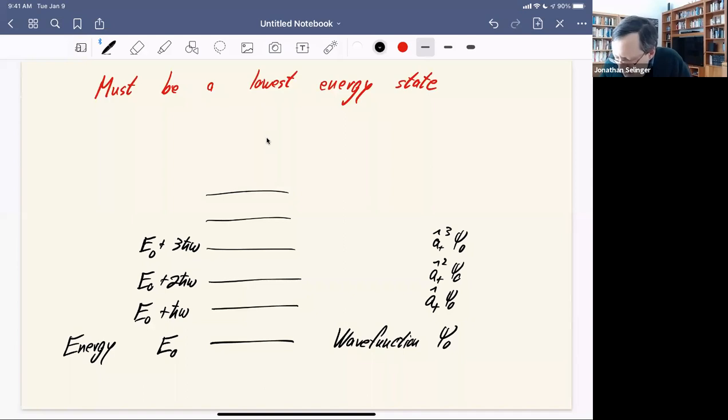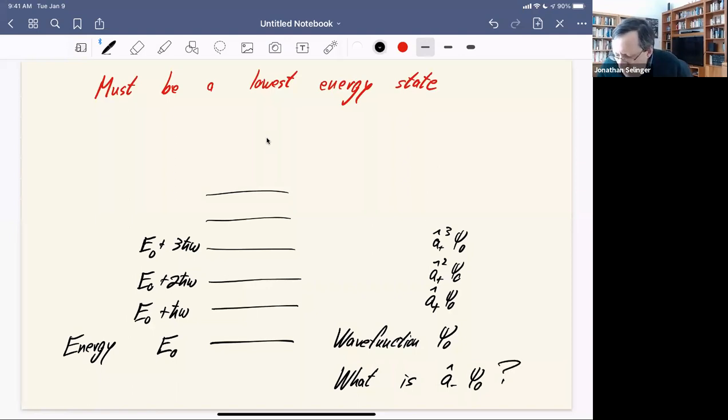So you might be wondering, what if I have this wave function on the bottom and I hit it with A minus? What do I get? What is A minus acting on psi zero?